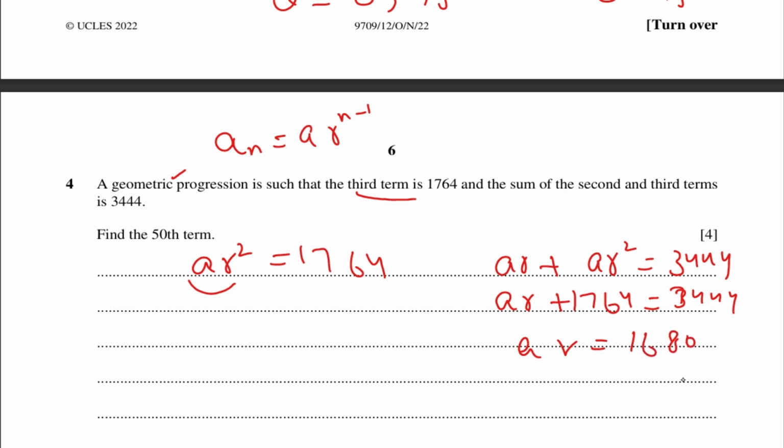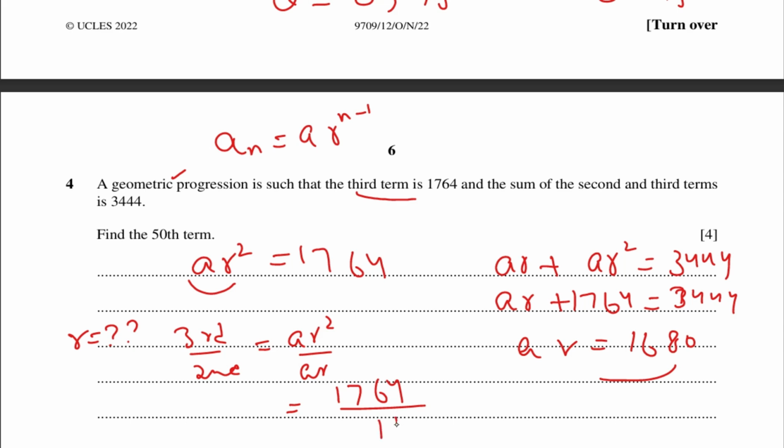The second term will be equal to 1680. Now to calculate r, we will take the third term over the second term, so ar squared over ar. So we will have 1764 over 1680.